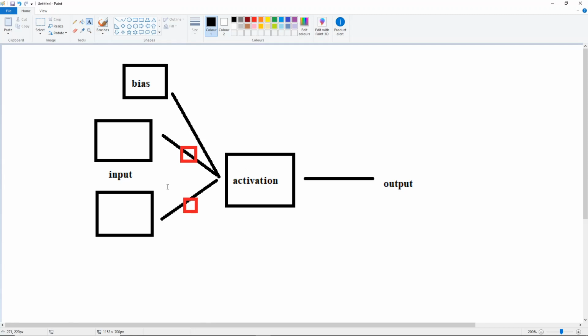So this is basically the most basic version of a neural network you can have. It has two inputs that get passed into an activation function and then give you an output. So I'm kind of oversimplifying it a little, but basically the input can either be 0 or 1, and then it's going to be multiplied by a certain weight, and then the sum of these are going to be passed into the activation function.